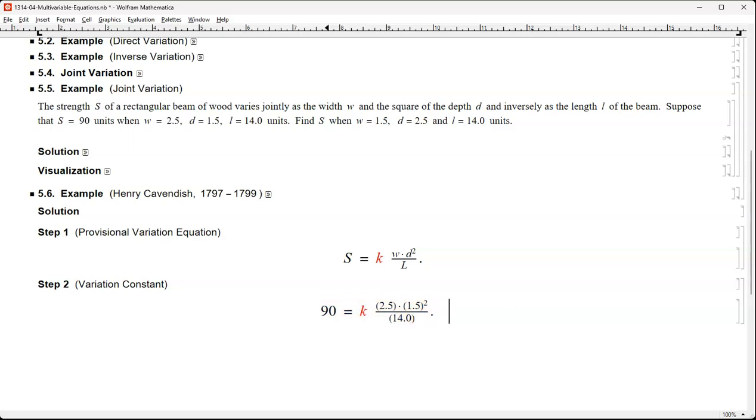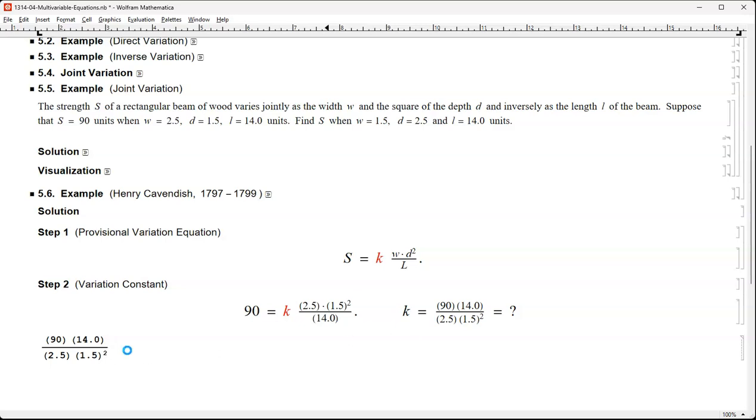Well, that's easy. Flip this denominator to the other side. 90 was there before, and then multiply by 14.0, and then divide by those in the numerator, 2.5 times 1.5 squared. What is this quantity? You can punch this into a calculator. No big deal.